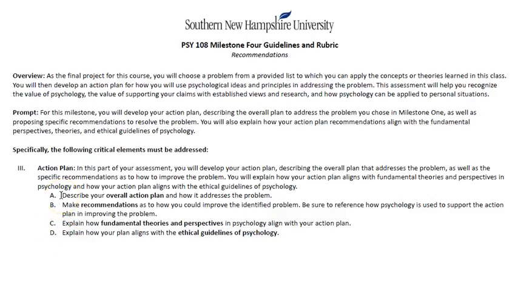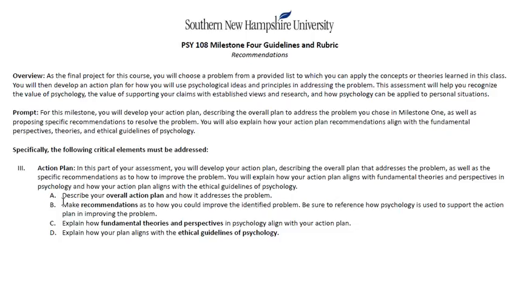For A, describe your overall action plan, how it addresses the problem. What is the plan that you are going to propose, and how does it address the specified problem? In B, you're going to make your professional recommendations as to how the identified problem can be improved.